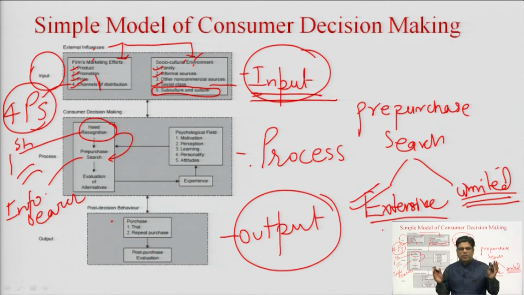Now, in the process of information search, it often happens that the consumer collects a lot of information, of various products falling into that category, various brands, various features of those products and the prices and their usage, the guarantee, warranty, etc. So, a lot of information about a lot of substitute products is gathered.